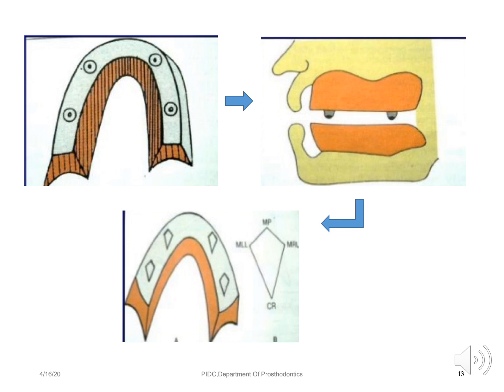In this diamond shape, as you see in the figure, the most posterior portion is the centric, then you see the left and the right, which are the mandibular left lateral and mandibular right lateral, and the most anterior is the protrusive movement. So this is one of the ways to record the centric relation. Once it has been recorded, you place it back and make sure that the maxilla and mandible are sealed in centric relation, and then you start the teeth arrangement.